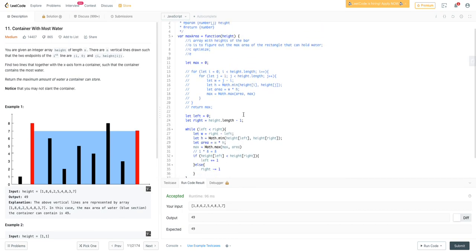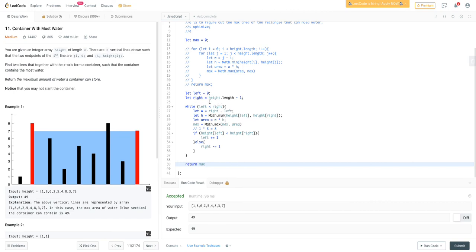So let me quickly look over and check if I missed anything. Height, okay. Mid, okay. Area, width times height. Area, okay. Let's try to run this code first.